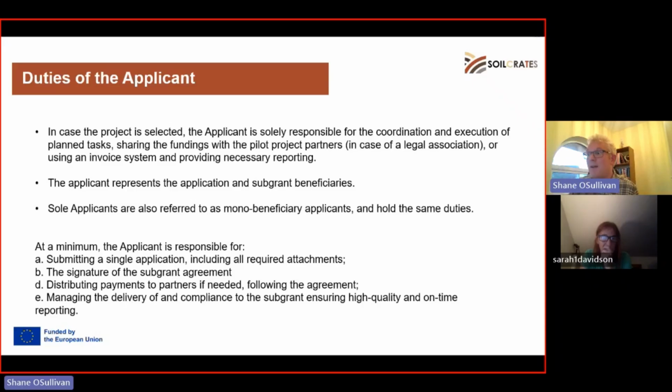So these are the key duties of an applicant. They are basically managing the project, overseeing the experimentation, and doing some of the necessary reporting. However, it has to be acknowledged that, of course, here in TOOS, we will be doing the scientific experiments and sharing the results with you.